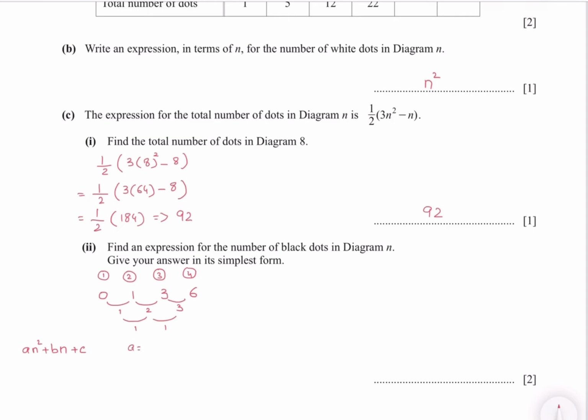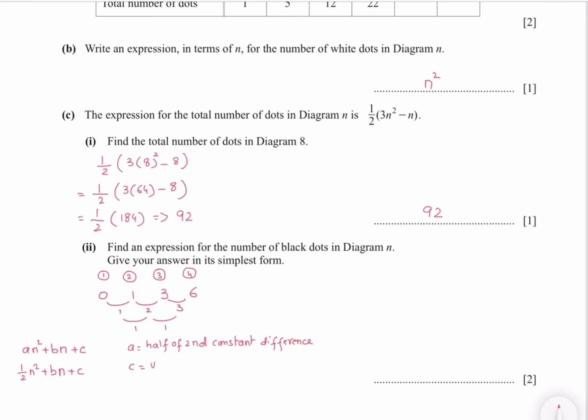A equals half of the second constant difference. So half of 1 is 1 by 2. So start placing the values. So you can now write 1 over 2 n square plus bn plus c.